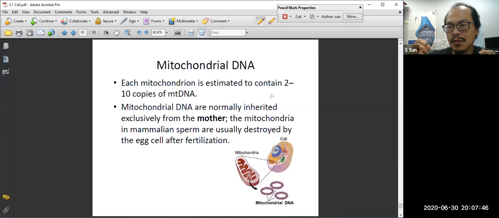Father's sperm need to only focus on moving, so a lot of these extra organelles are removed. So we got our mitochondria directly from the egg, and that's where we got the mitochondrial DNA from the mother only.